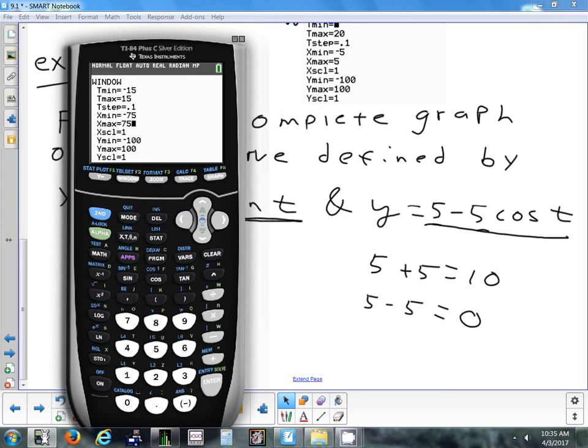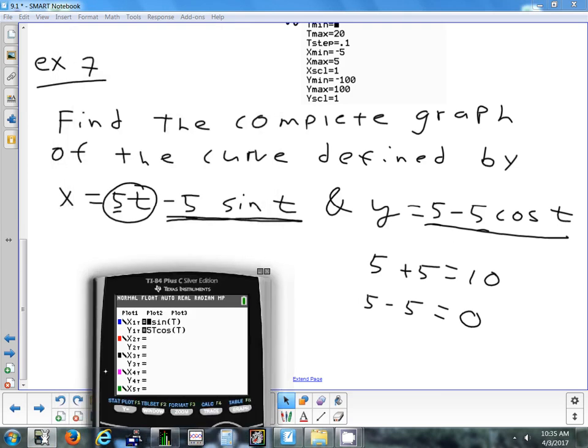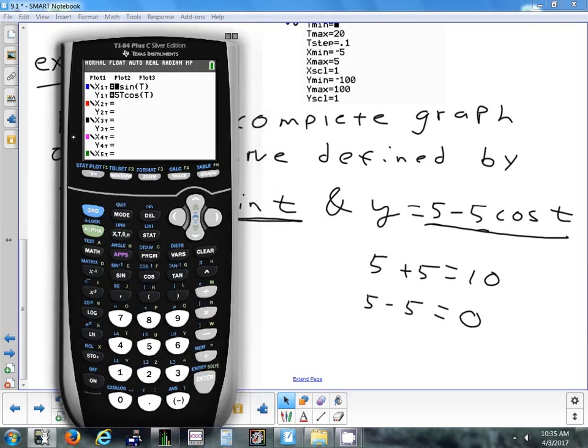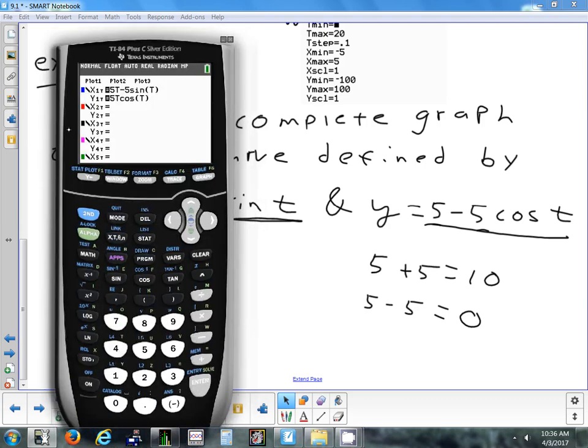If I need it bigger, I'll set it bigger. But my y values, I know, are only going to go from 0 to 10. Okay, I'm going to type in 5t minus 5 sine t. And 5 minus 5 cosine t. Okay, let's hit graph and see what we got.